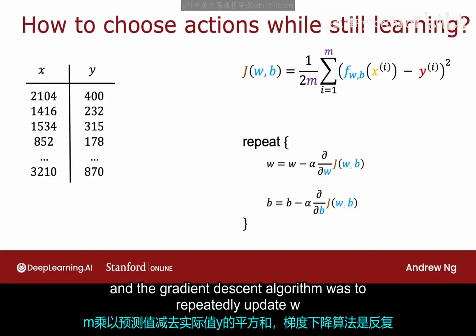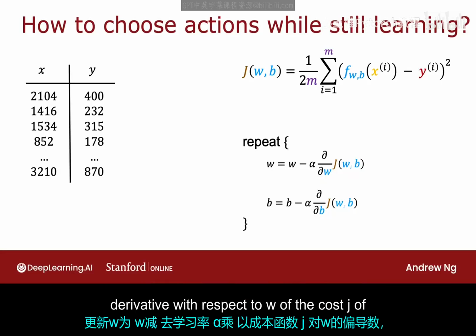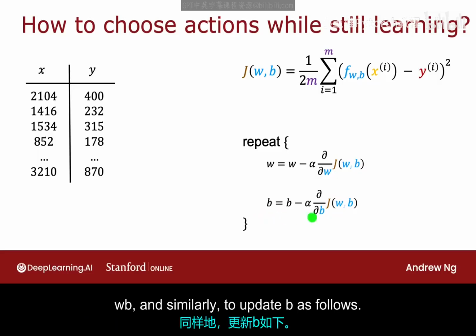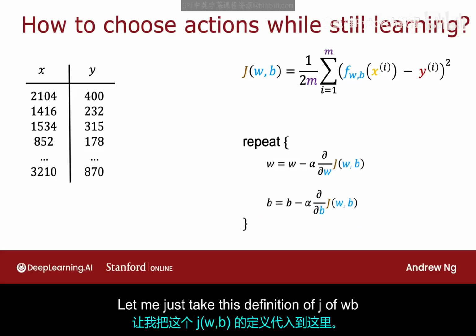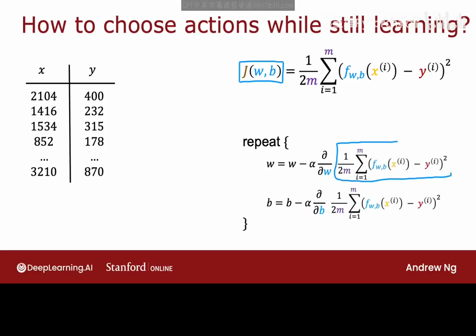And the gradient descent algorithm was to repeatedly update W as W minus the learning rate alpha times the partial derivative with respect to W of the cost J of W, B. And similarly, to update B as follows. Let me just take this definition of J of W, B and substitute it in here.